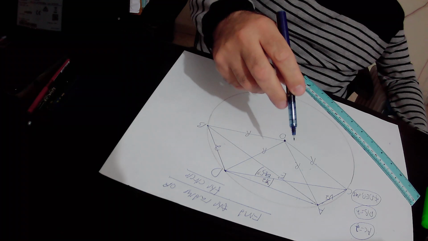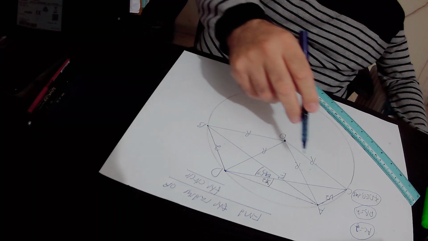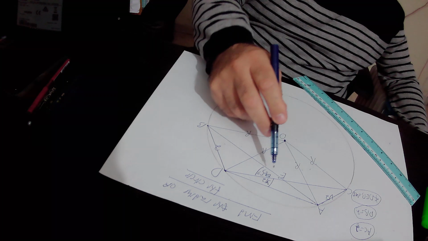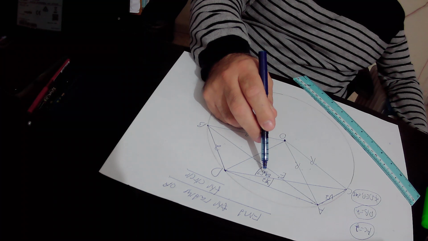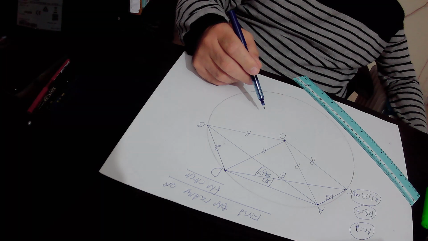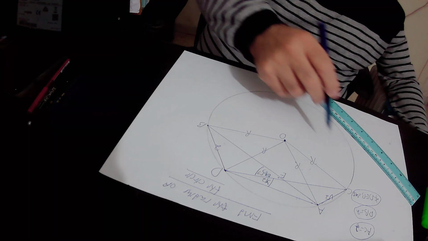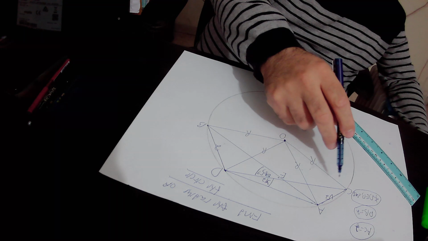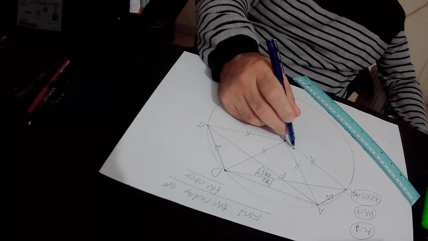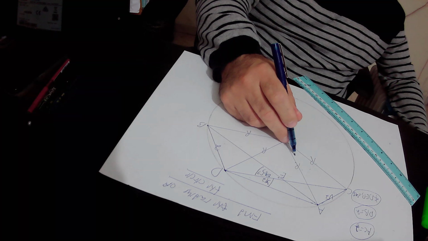That is to say, peripheral angle ADC that rests on chord AC equals y over 2 degrees in its size, and therefore the central angle AOC that rests on the same chord AC must be equal to y.